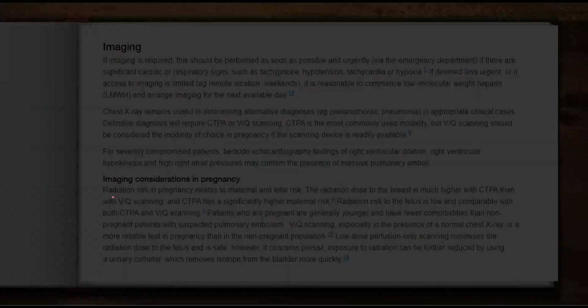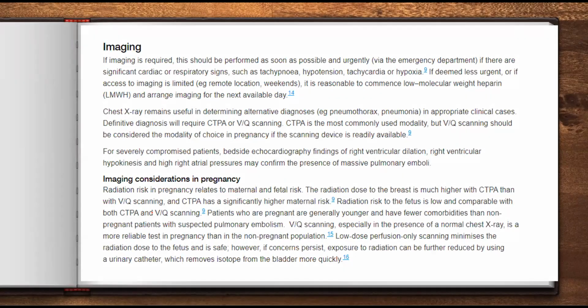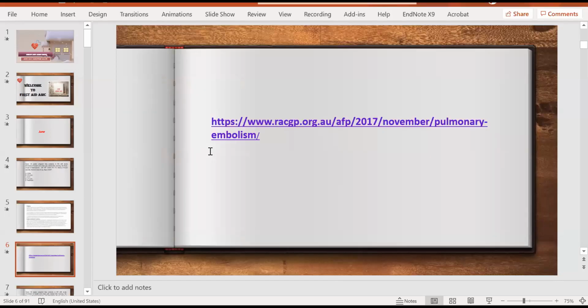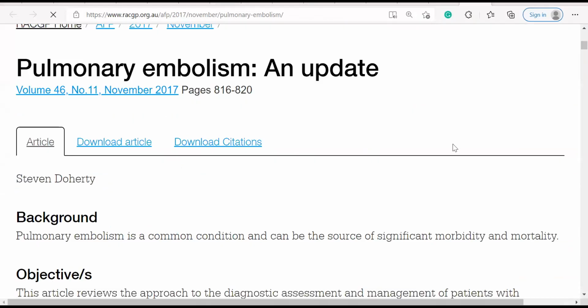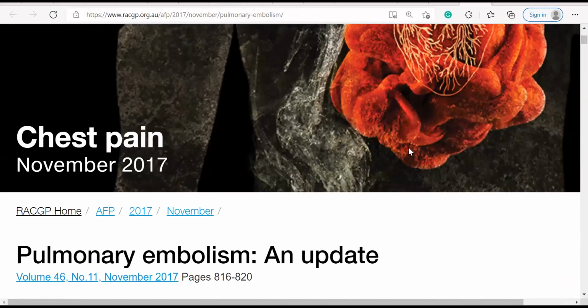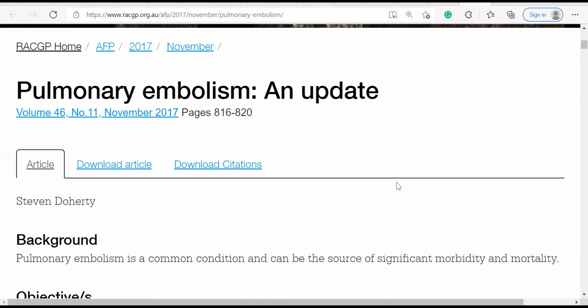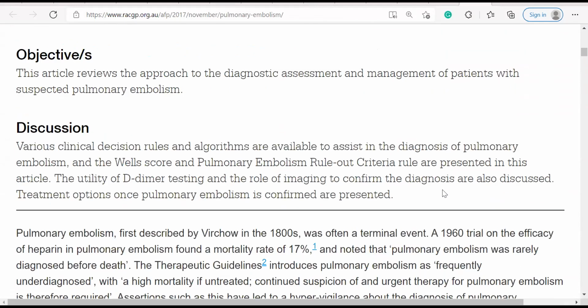Now, tonight, I'm going to discuss a little bit about pulmonary embolism so that you understand it perfectly. So this is your RACGP guideline, a very good guideline. So always try to find these medicine-related cases from RACGP.